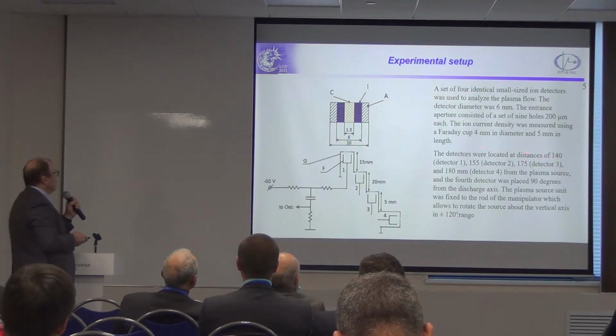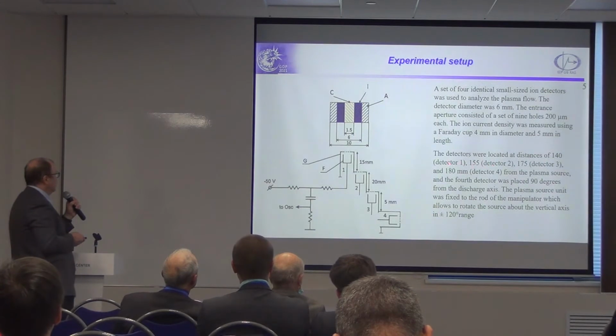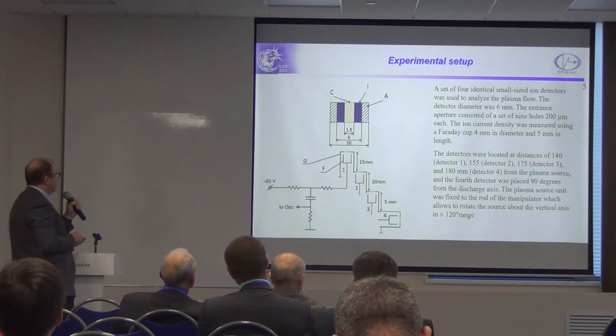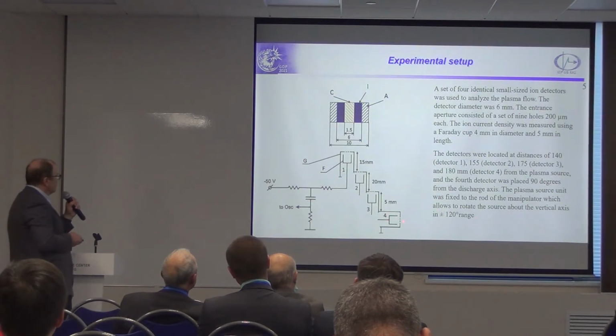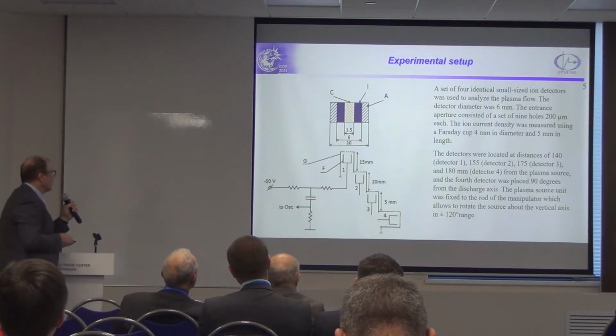The detectors were located at distances of 140 millimeters, first detector, 155 millimeters, 175, detector 3, and 180 millimeters, detector 4, and this detector was directed at 90 degrees to the source's axis.